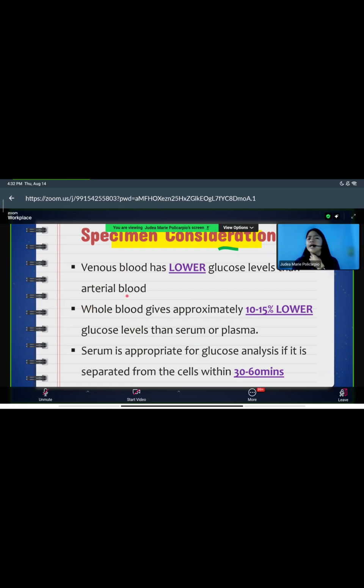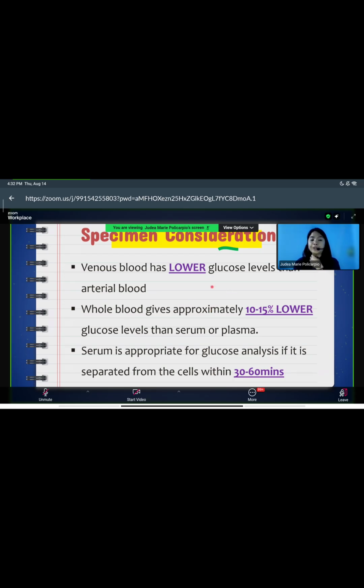Okay? Eh ma'am, ba't di natin ginagamit si whole blood? Bakit plasma ang preferred natin? Ang whole blood, pwede mo naman tong gamitin. Yun nga lang, be careful, recall question. Whole blood gives approximately 10 to 15% lower glucose levels compared to the plasma or the serum. Ingat ha, recall question yan, 10 to 15%, pati lower.